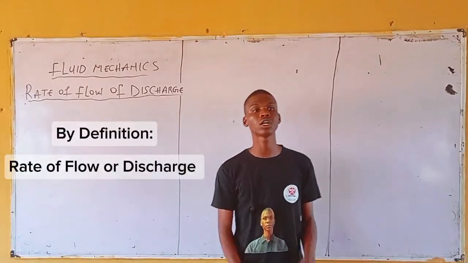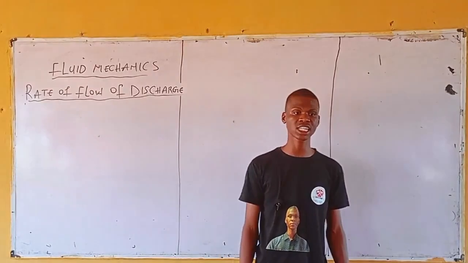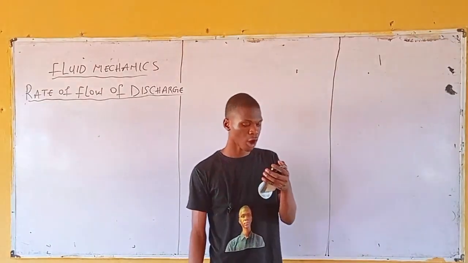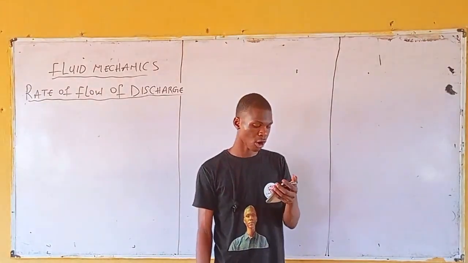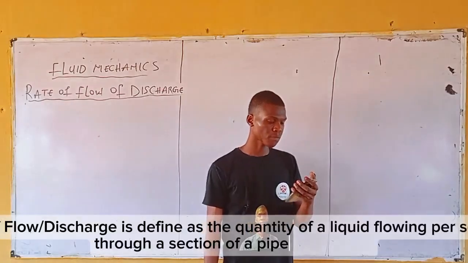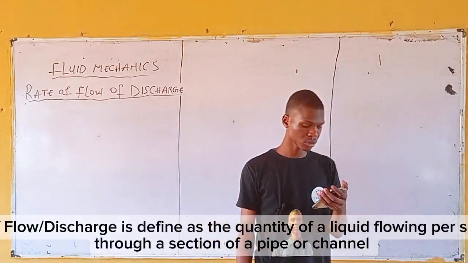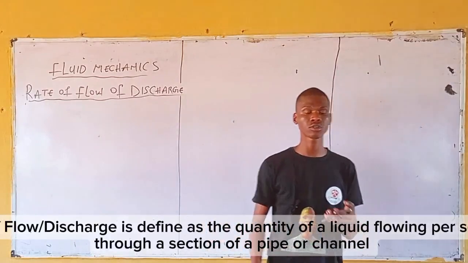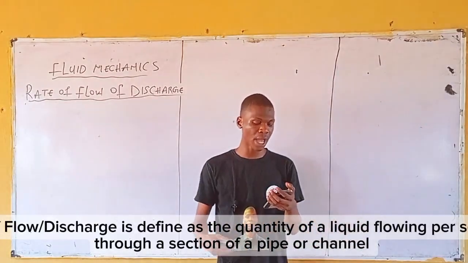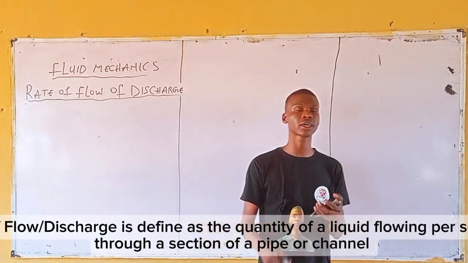Rate of flow or discharge is defined as the quantity of a liquid flowing per second through a section of a pipe or a channel.